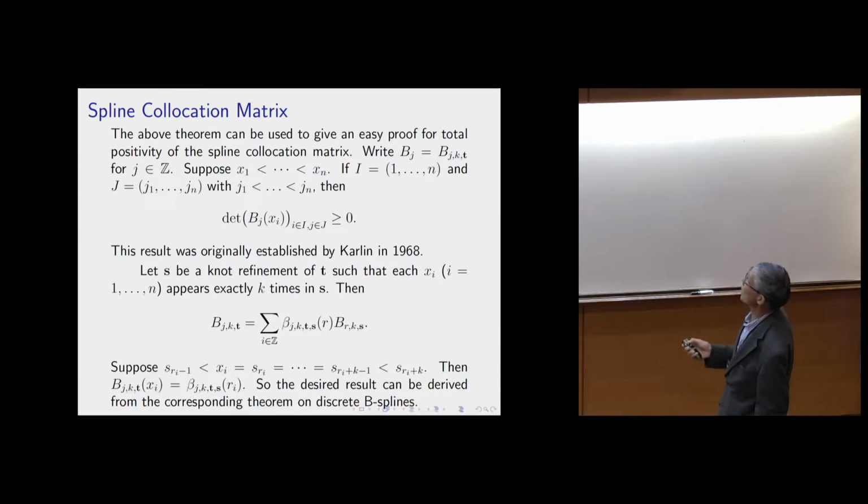Then this can be reduced to a discrete B-spline. Originally this was established by Karlin, but if we use a discrete B-spline, we can give an easy proof.